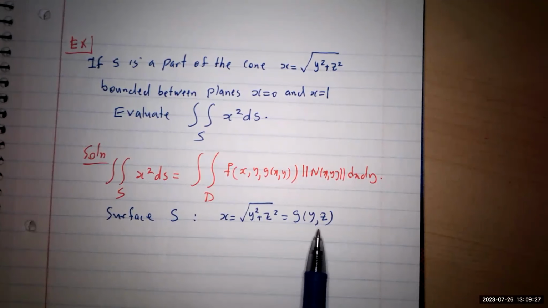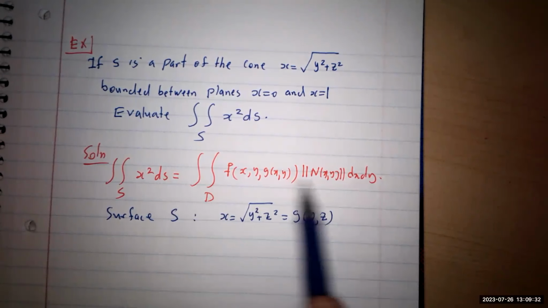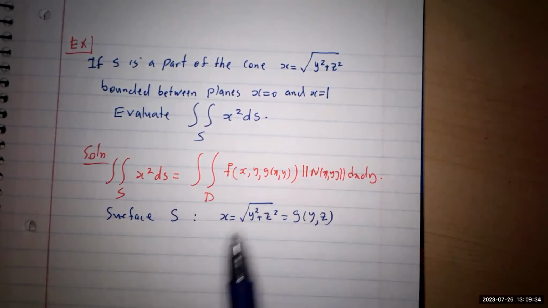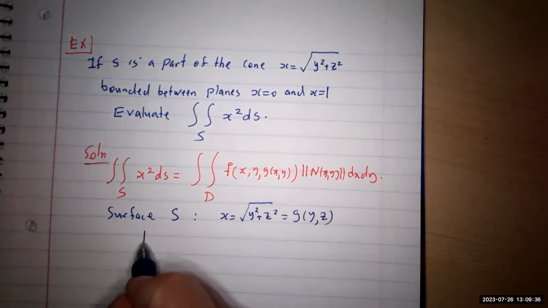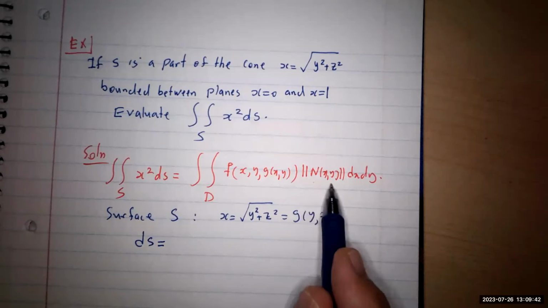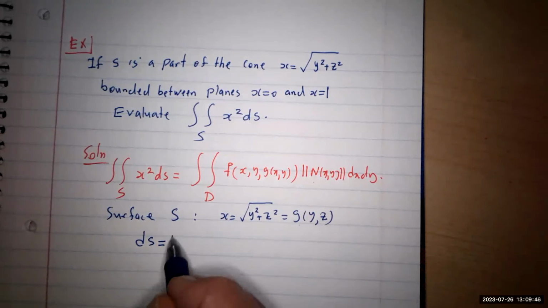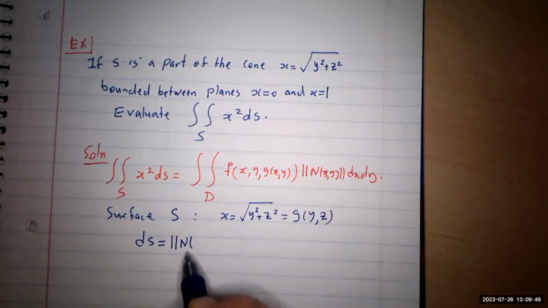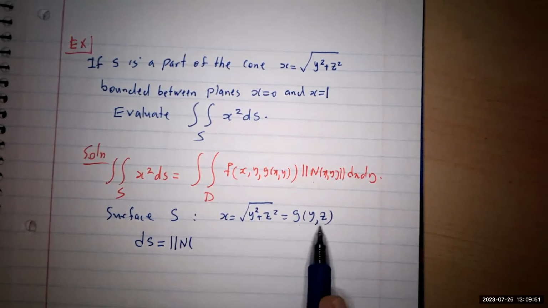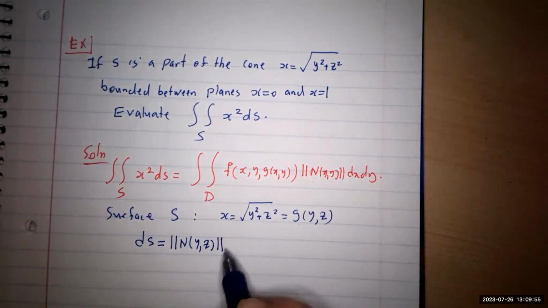Then what you have to do is find that part here that would stand for the dS, if you like. So we go with the dS, which is the same as the norm of the normal vector, but the function is a function of y and z.